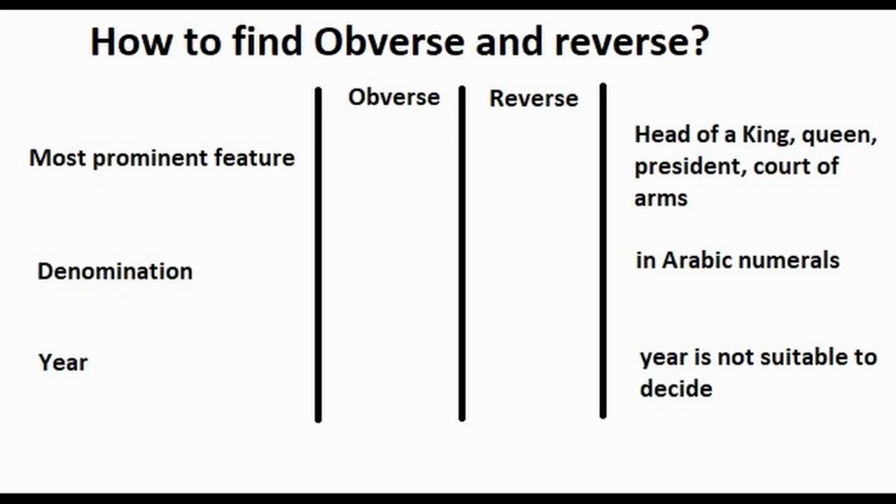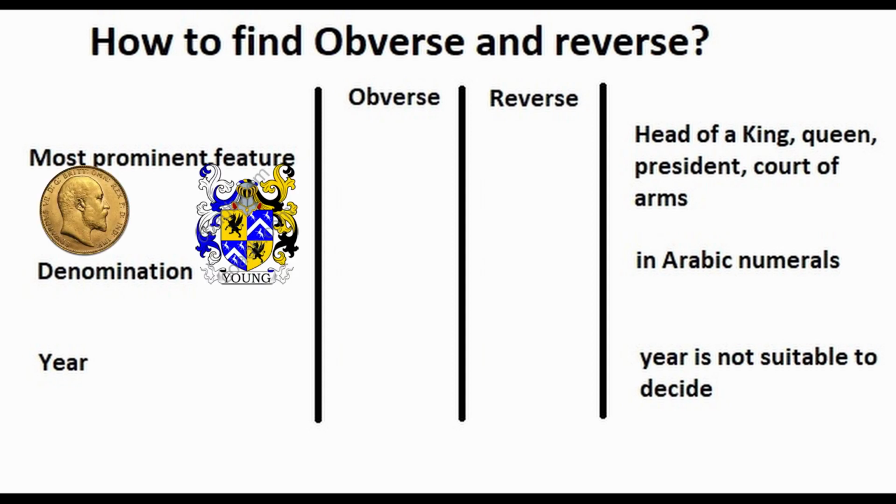To summarize, to find the obverse or the reverse of a coin, we use the most prominent feature of the coin. If there is a figure of a king, queen, a president or coat of arms, usually that side is the obverse. Or else, if you don't have any of these, if there is a more prominent figure in the coin, that side should be taken as the obverse.